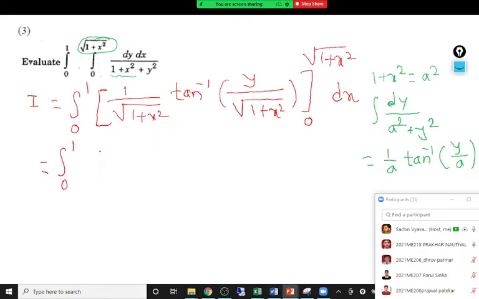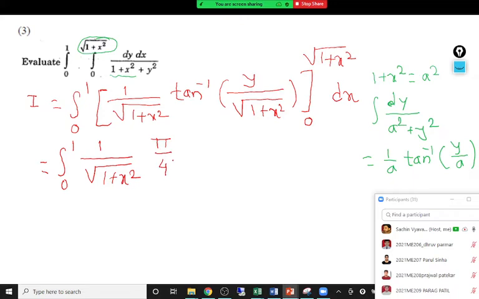Pi by 4. Is it only pi by 4? That outside 1 upon root of 1 plus x square will be as it is, no? Yes, sir. And then tan inverse 1 will come, because that will get cancelled. Tan inverse 1 is pi by 4.